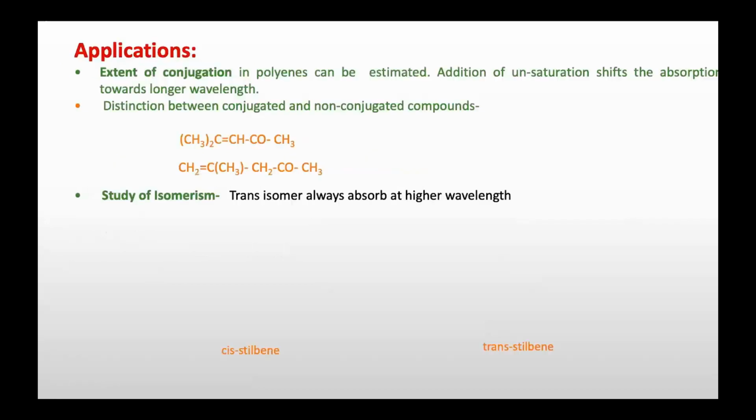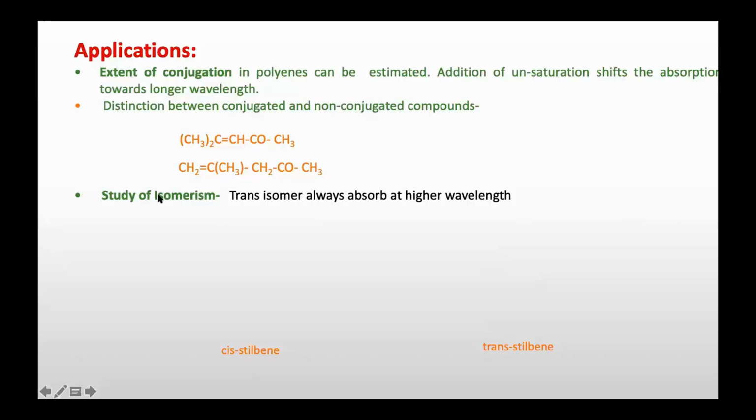Now the applications of UV spectrometer. It is helpful to tell the extent of conjugation in molecules. Addition of unsaturation shifts the absorption toward longer wavelength. It distinguishes between conjugated and non-conjugated compounds. So mainly we can use UV spectrometer to find the conjugation available in molecules.